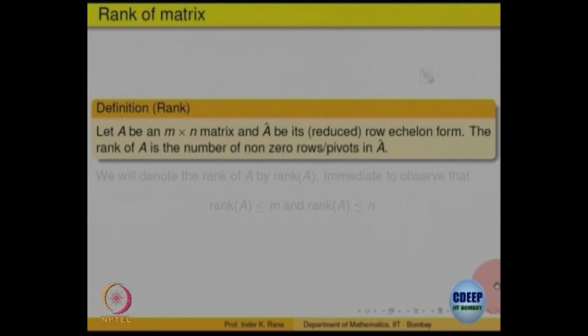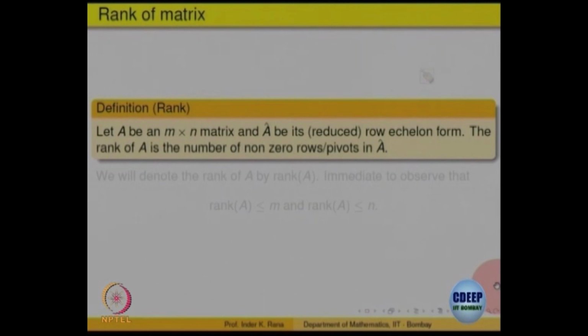So, we had mentioned that if you take row echelon form of a matrix, that may not be unique, but the number r, which is the number of non-zero rows, is the same in all row echelon forms, right. And the first non-zero entry was called pivot. So, the number of pivots is also fixed once you have row echelon form.